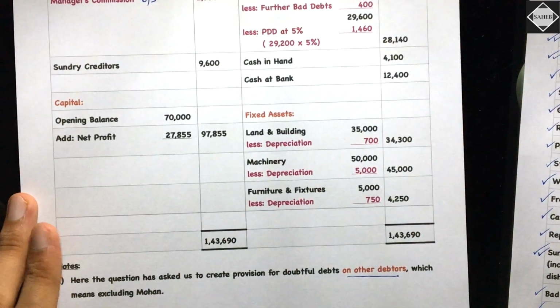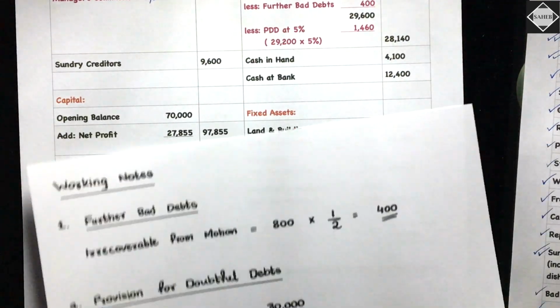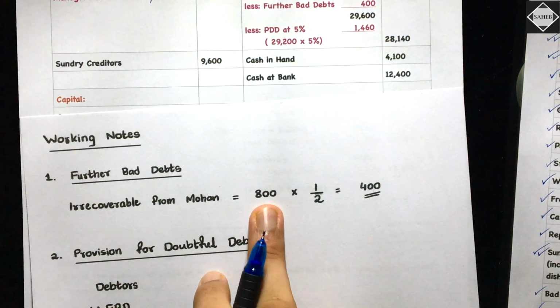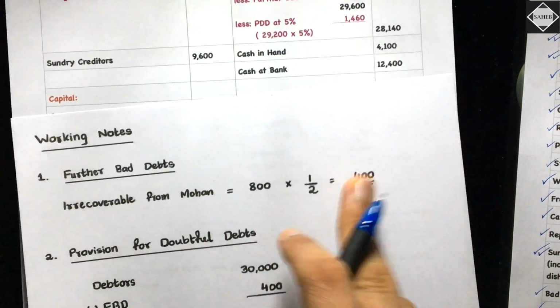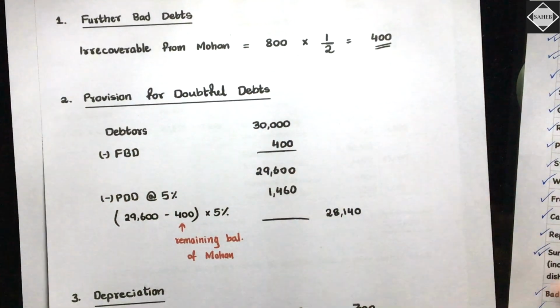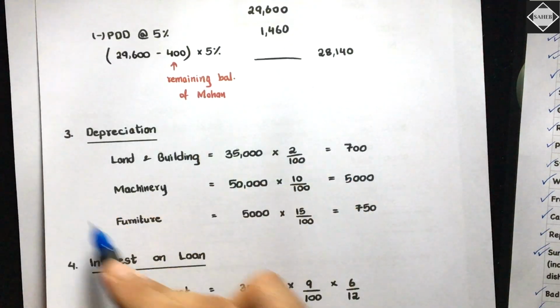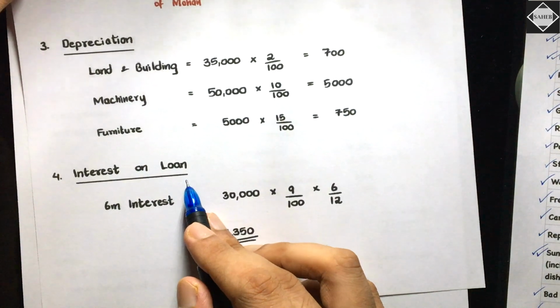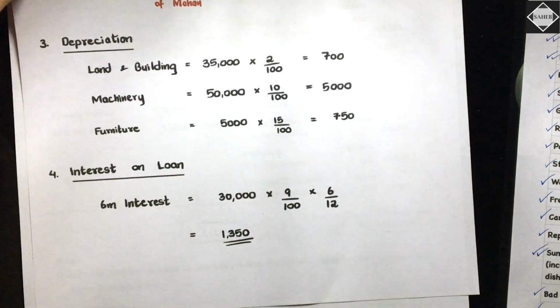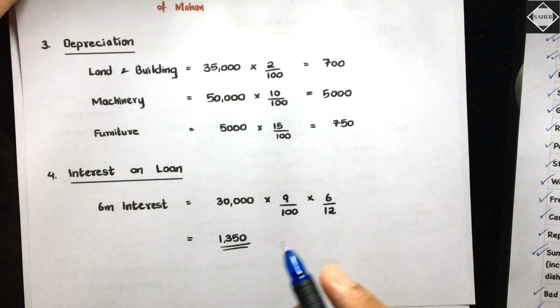Understood. Now the other 4 working notes, right, which I have not shown you. Further bad debts. Yeah, 800 into half, 400. Right. Provision for doubtful debts. The same calculation which I explained you in rough. Yes. And then depreciation calculation. Okay. And then interest on loan. 6-month interest we had to calculate from 1st October till 31st March. Isn't it?